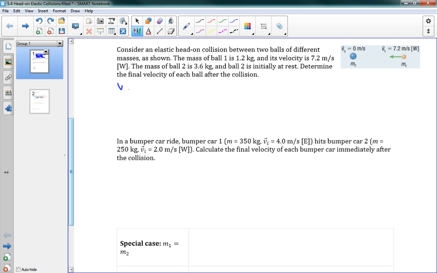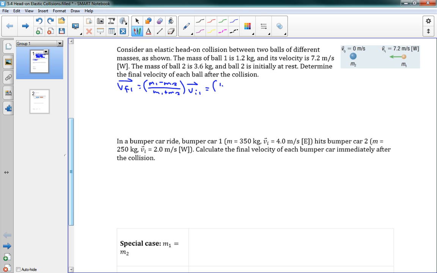We've got VF1 is equal to (M1 minus M2) over (M1 plus M2) times VI1. That's all we need to know. So I can plug in some values here.